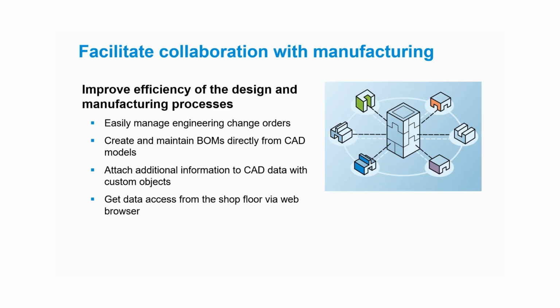I can say, this is now released. I'm ready for someone to see this file or to see the changes that I'm working on. So Vault Professional gives you the tools you need to make sure that people see the right thing at the right time. And so you can give them direct access. Vault Basic doesn't have those tools, and so it's dangerous for people to get in and look at Vault Basic, because they could be looking at something that's work in progress and they would have generally no way of knowing.